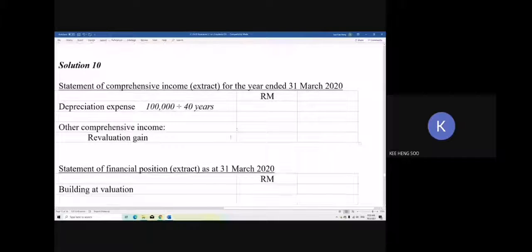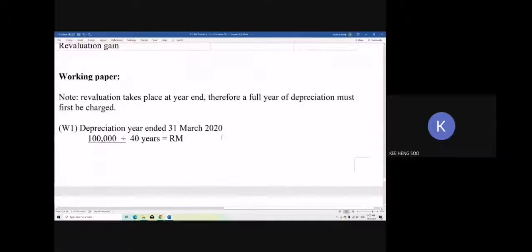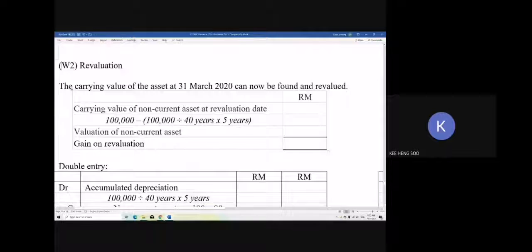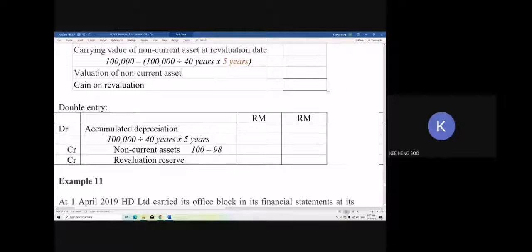You calculate yourself; all the workings are given to you. Remember, you know why 5 years? 2015 to 2020, 5 years. You do your revaluation, same as what I showed just now.